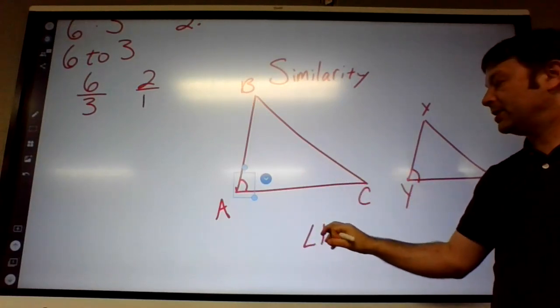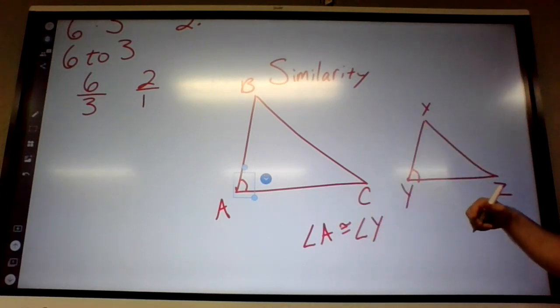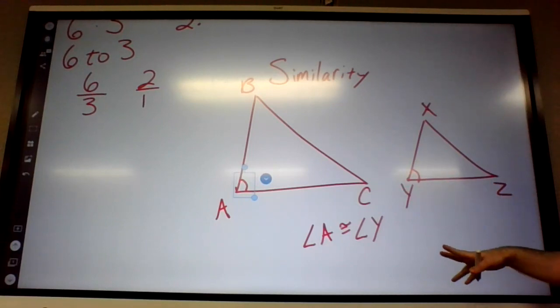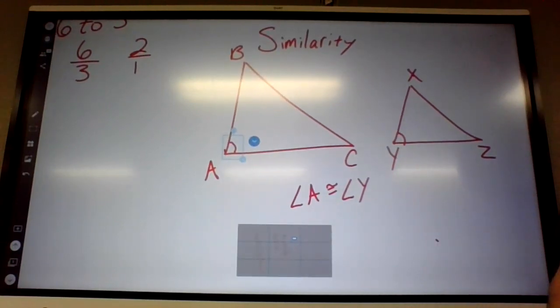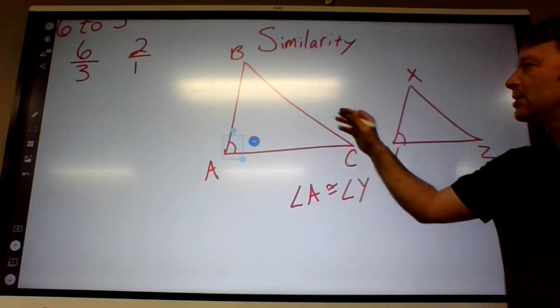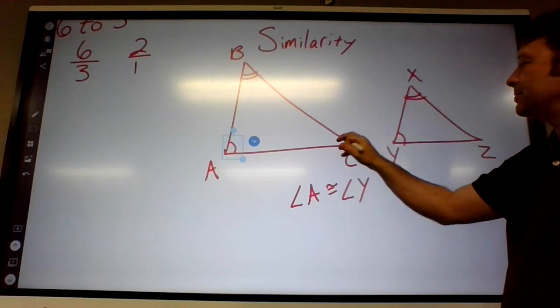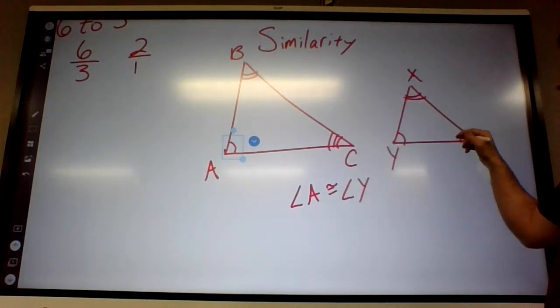So angle A is congruent to angle Y, angle B is congruent to angle X, angle C is congruent to angle Z. What about the sides? Are they the same? No. The angles are identical, but the sides are not.